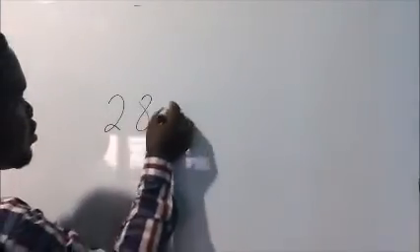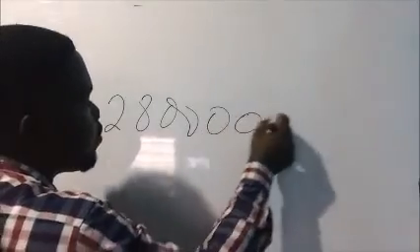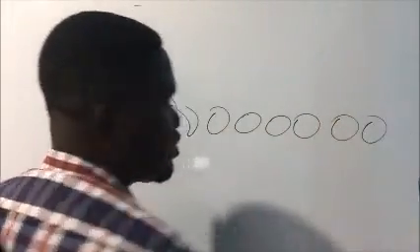Standard form. Now, one may ask, what is standard form? Standard form is a way of writing numbers in small units, expressing big numbers in small units. So, for instance, you could be given this number 2, 8, 1, 2, 3, 4, 5, 6, 7, 8.